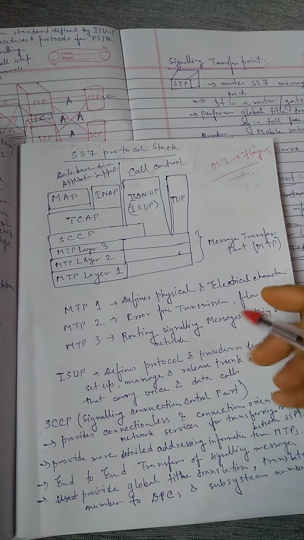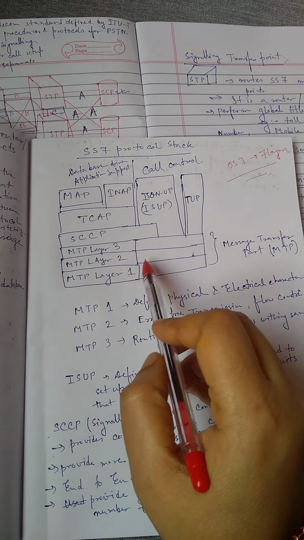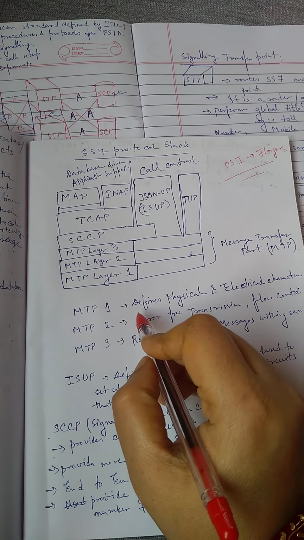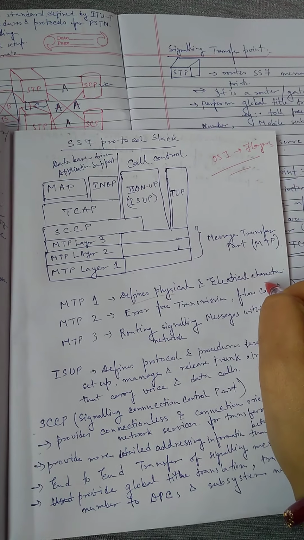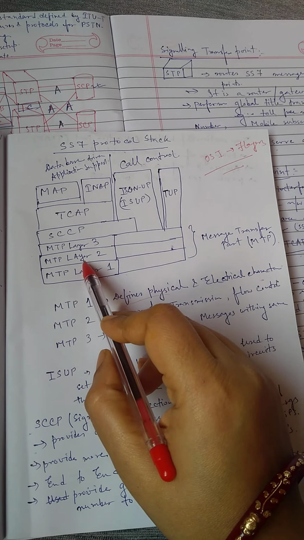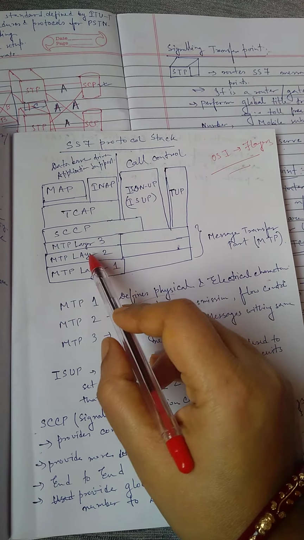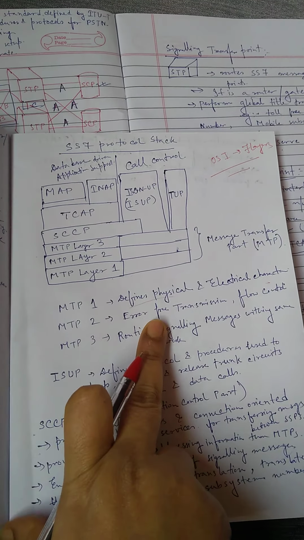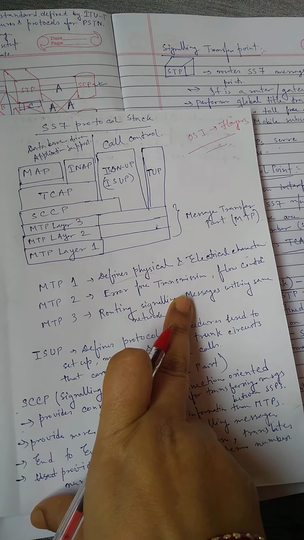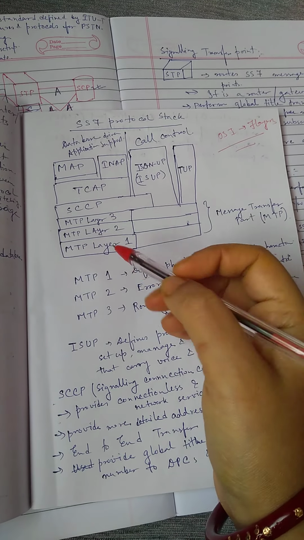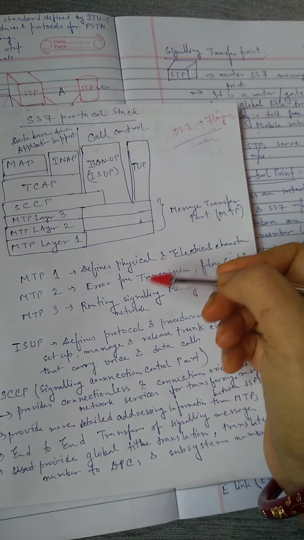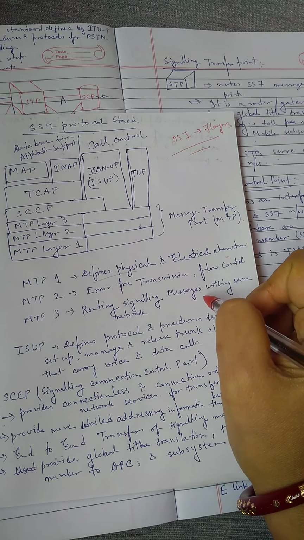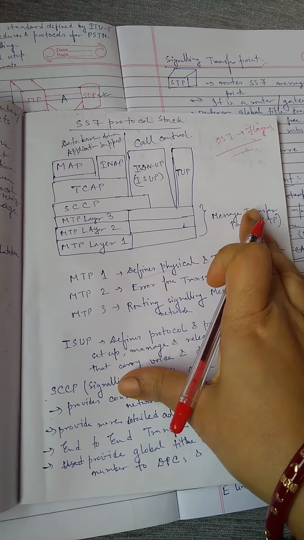MTP layer 1 acts as the physical layer of OSI. It defines the physical and electrical characteristics. MTP2 is the data link layer. It performs error-free transmission and flow control. Next is MTP3, the network layer. It routes signaling messages within the same network.